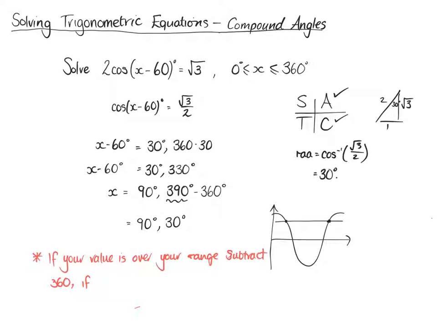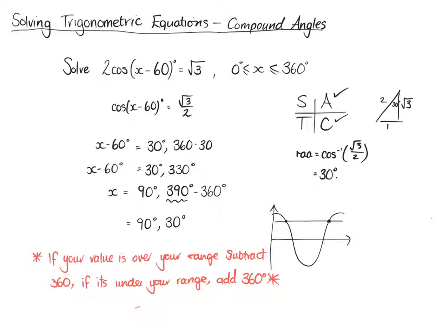And if it's under your range, so if you get a negative, then you have to add 360. You might get this if you've got x plus 90, for example, or x plus 200 and something.